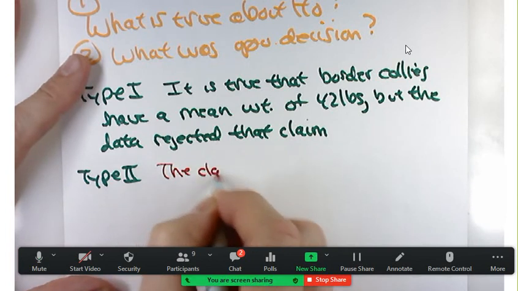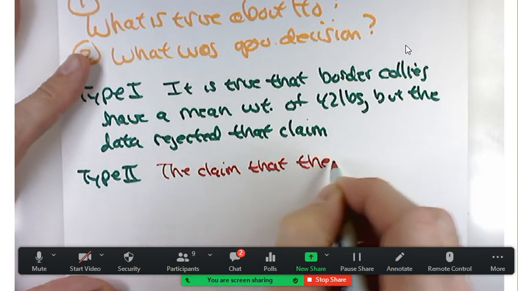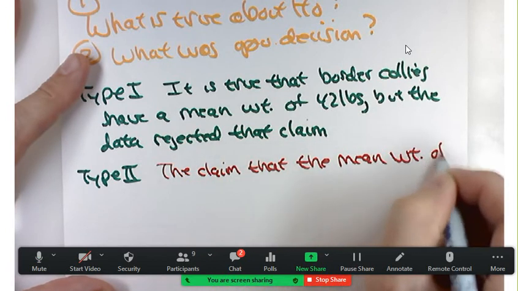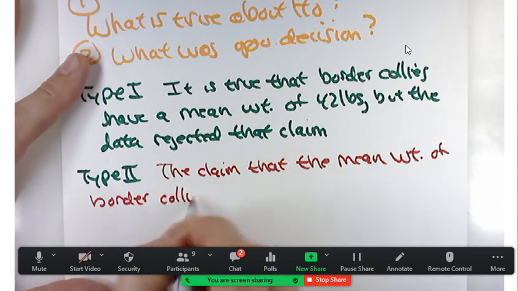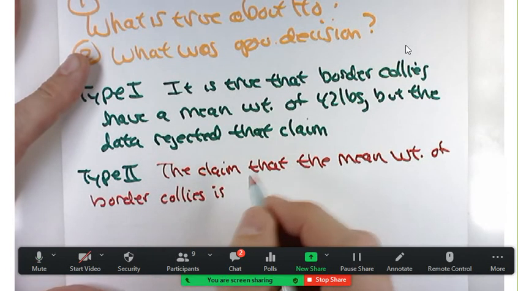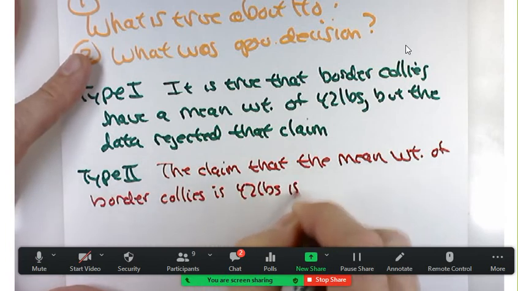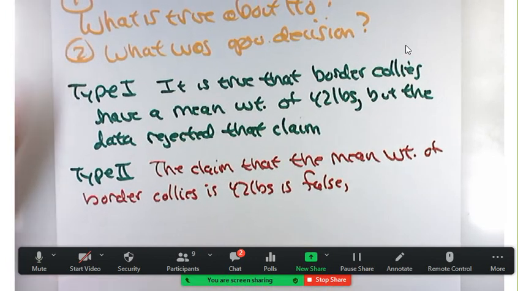The claim that the mean weight of border collies is 42 pounds is false. So that's what's true about H naught, is that H naught is really not accurate at all.